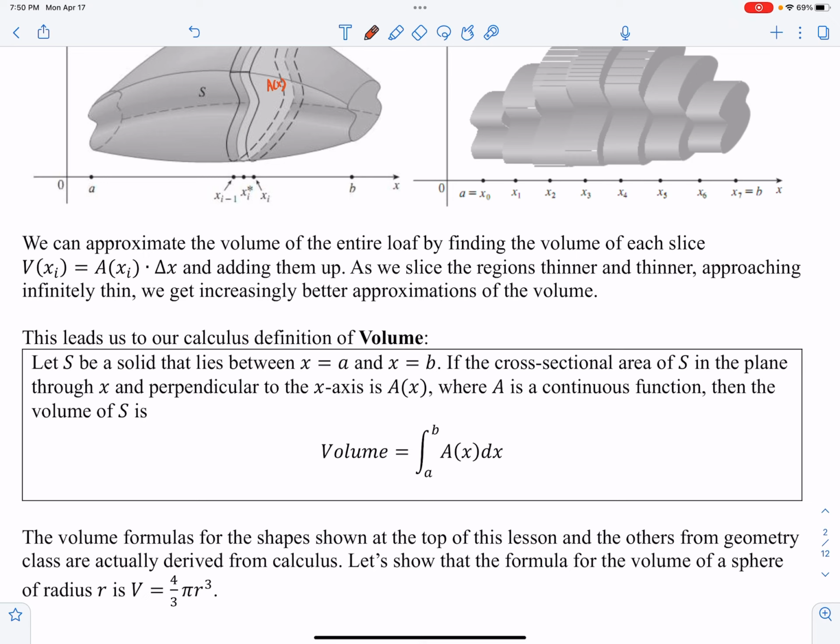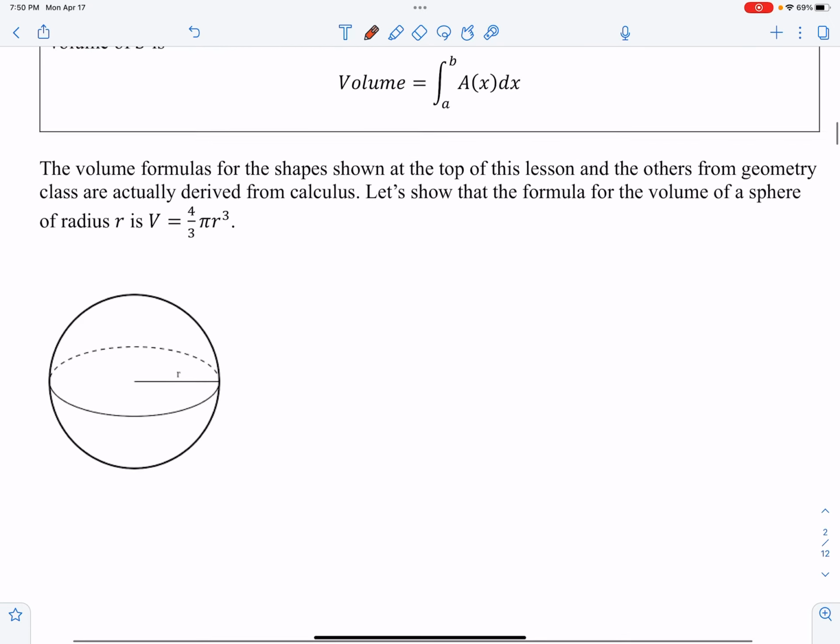If the cross section, and by cross section I mean slice, is perpendicular to the x-axis, that means we can come up with some rule for the area in terms of x, where area is a function of x. We'll talk about this more later, but if we had horizontal cross sections, so horizontal slices, then we could come up with area as a function of y, and then we would end up integrating with respect to y.